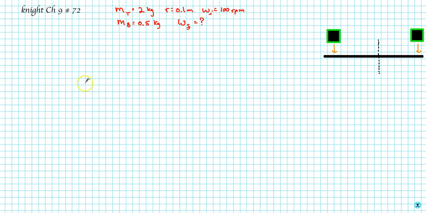So we have some rotating objects, and what we know is that the angular momentum before the blocks hit the turntable has to be equal to the angular momentum after. In the beginning, the only rotating object we have is this turntable.